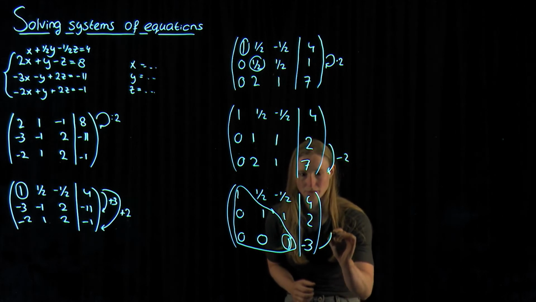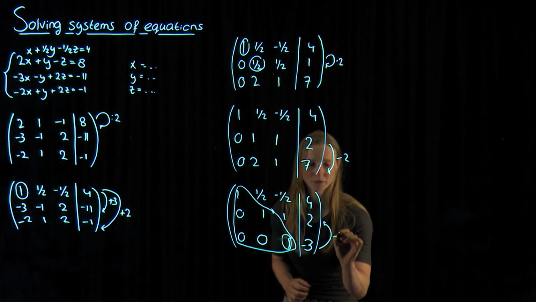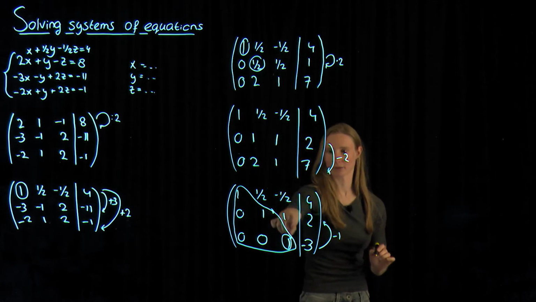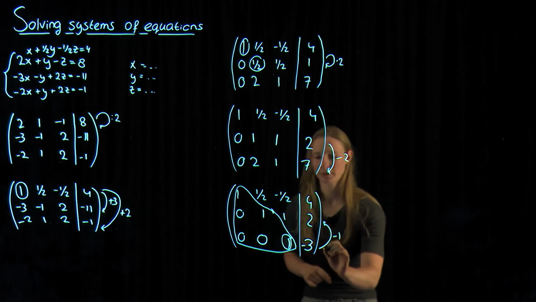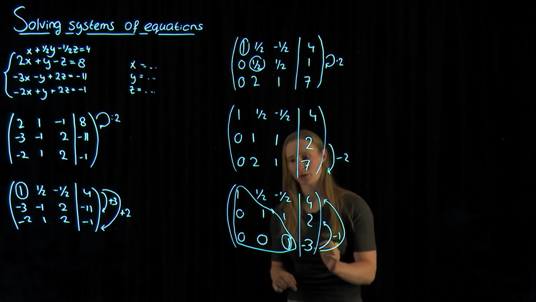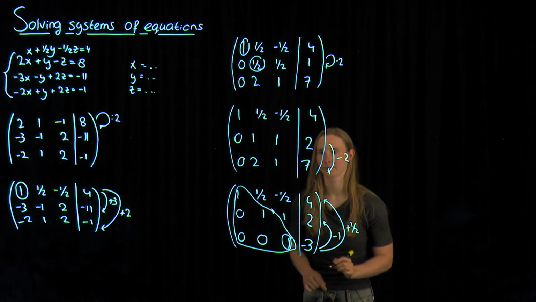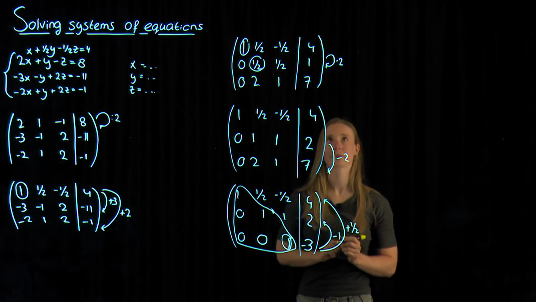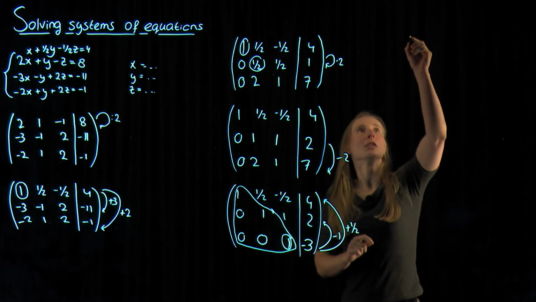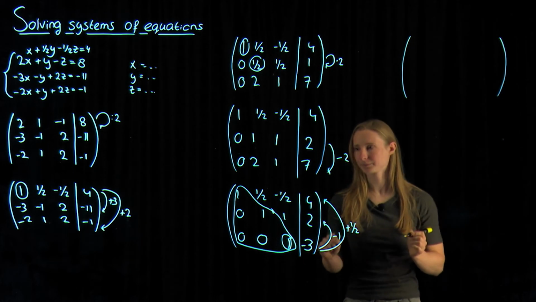So we want to subtract this row once from the one on top, and then similarly for the top one, we add it 1/2 times to get rid of this minus 1/2. All right, so let's see what will be our next step.